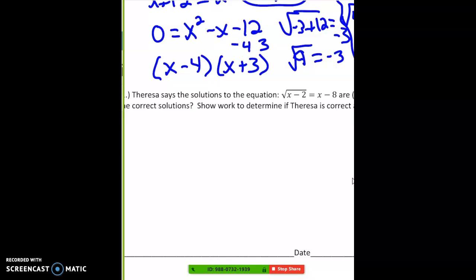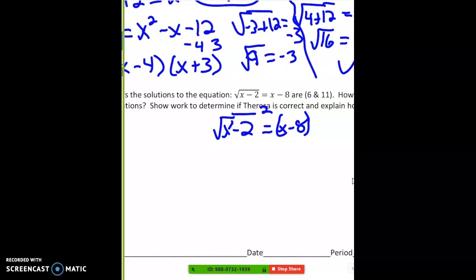I have the square root of x minus 2 is equal to x minus 8. Since the square root's by itself, go ahead and square it. You square that other side as well. When I do this, this side is x minus 2.